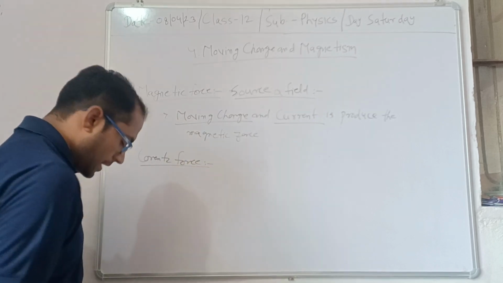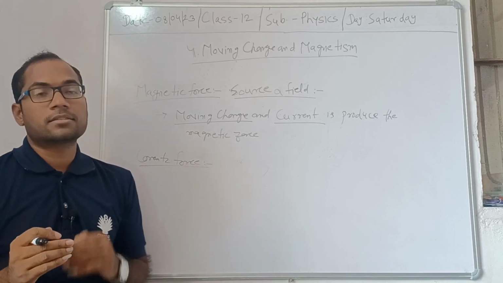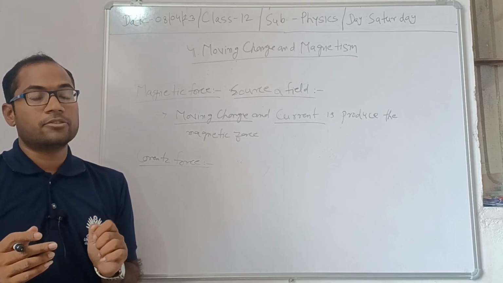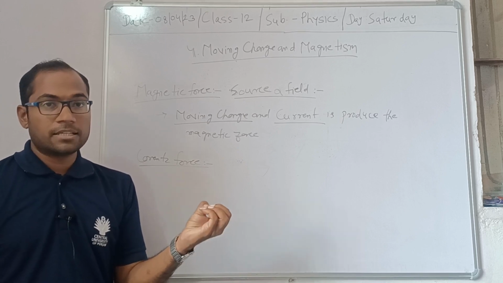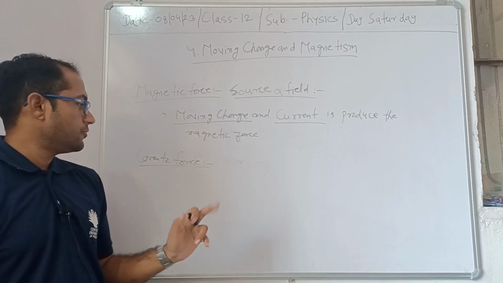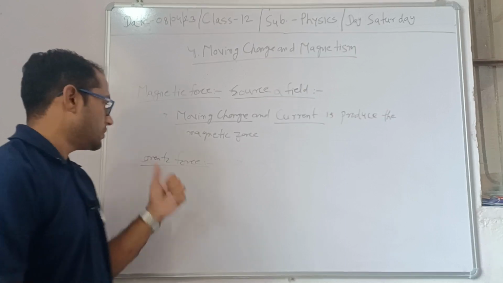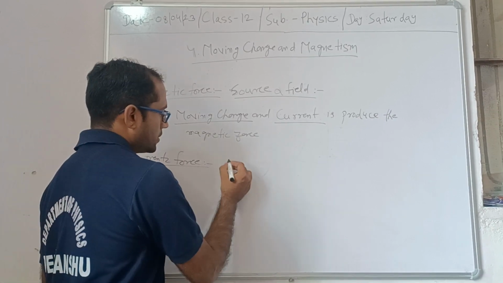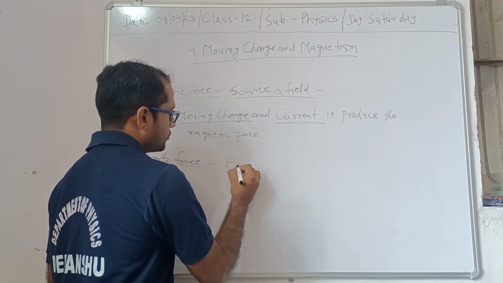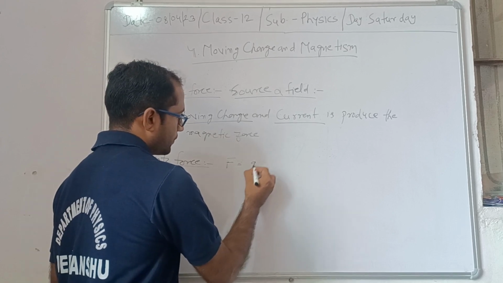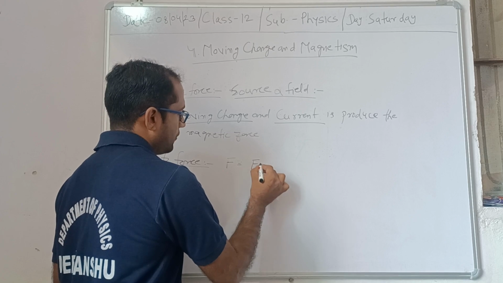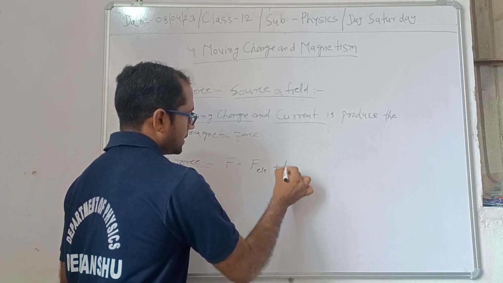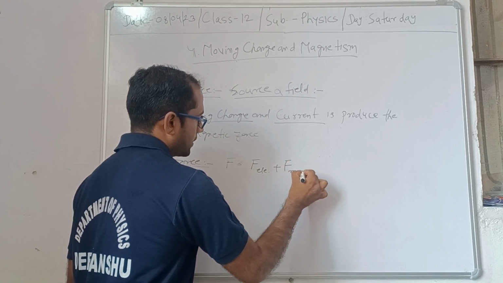Similarly, we discussed the Coulomb force in the case of a stationary charge. For a moving charge, we use the Lorentz force, which is F equals F electric plus F magnetic.